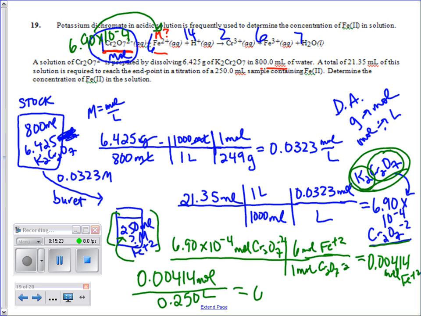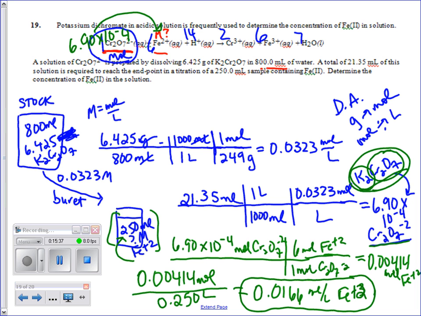When we do that, we end up with 0.0166 moles per liter of Fe plus 2. And that is the concentration of our unknown. All right, that's it. Good luck studying.